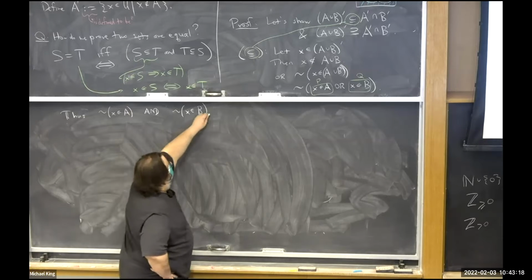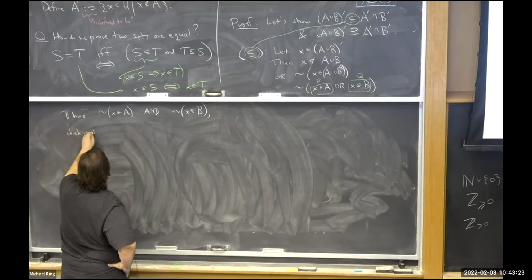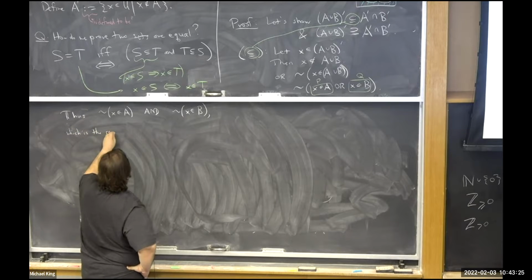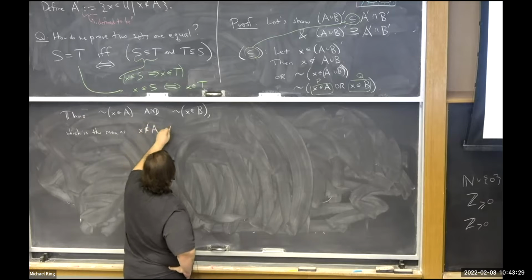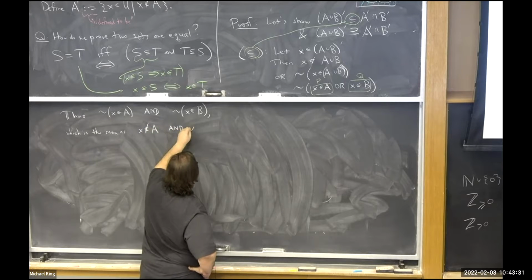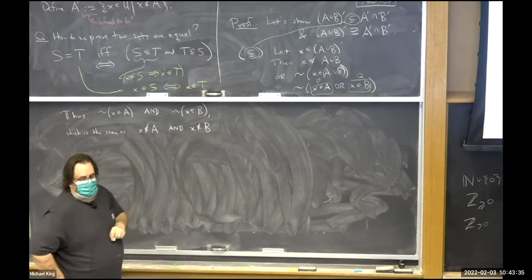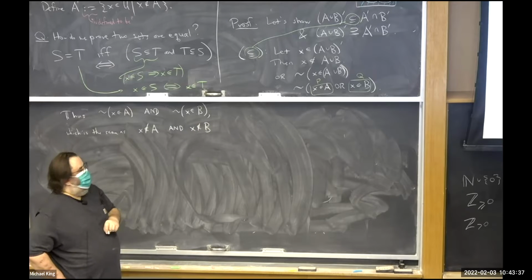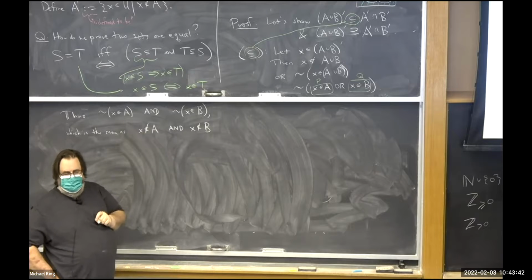Which is the same as X is not in A and X is not in B. Which is the same as X is in A prime and X is in B prime.